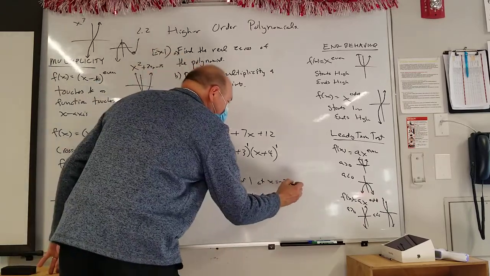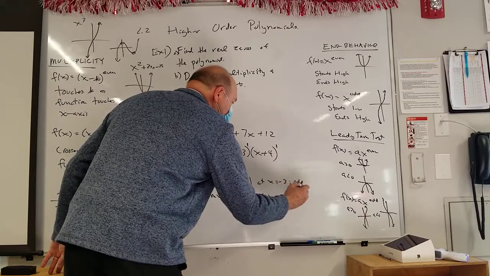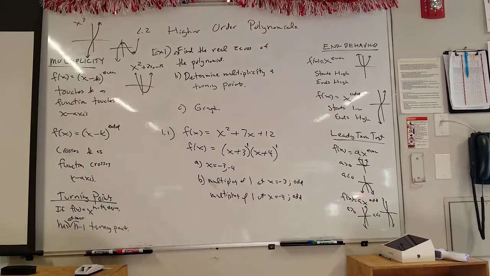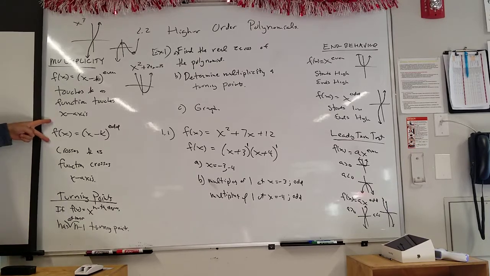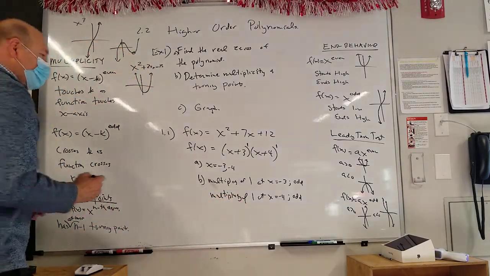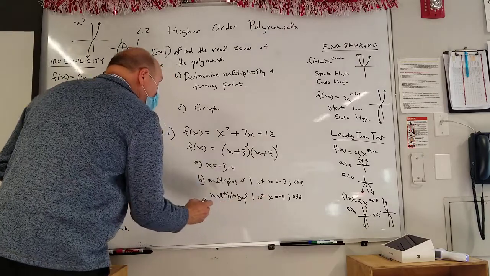And then off to the side, it's actually better to just put odd, because you don't care about what power it is, you care about the fact it's even or odd, because of this guy. So multiplicity of 1 at x equals -4. Okay, and then we got ourselves turning points.